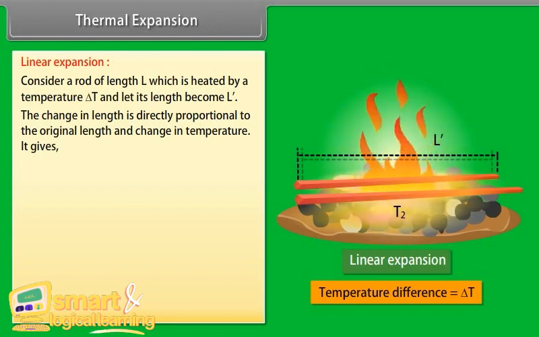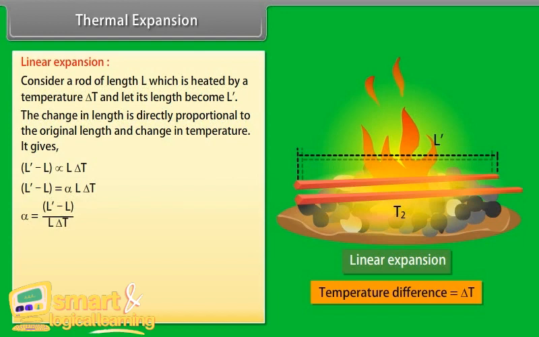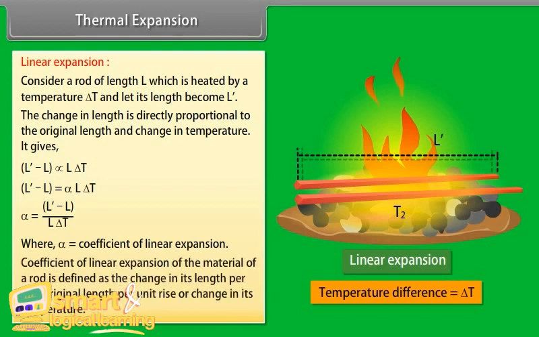It gives L' - L is directly proportional to LΔT, or L' - L = αLΔT. The value of α is equal to (L' - L)/(LΔT), where α is the coefficient of linear expansion. Coefficient of linear expansion of the material of a rod is defined as the change in its length per unit original length per unit rise or change in its temperature.